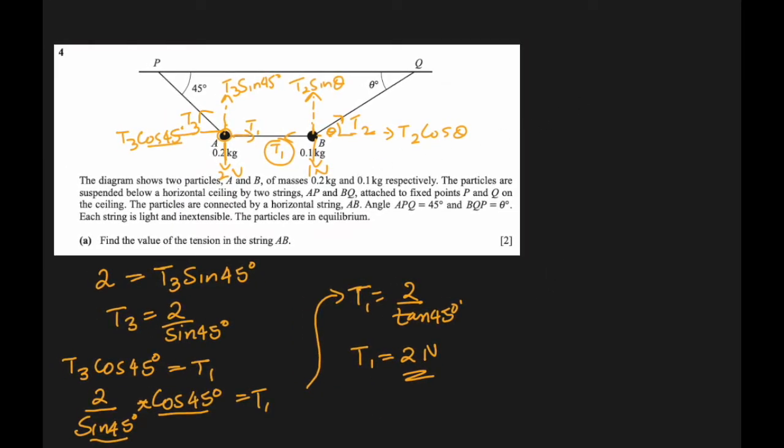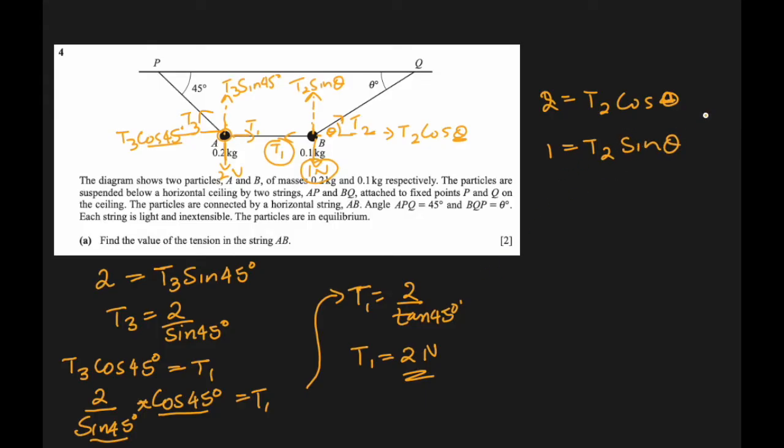This T1, which is 2 to the left, is the same string, right? So the tension will be the same, equal to T2 cos theta. T2 cos theta and T1 will be equal. Also, this 1 newton will be equal to T2 sine theta.